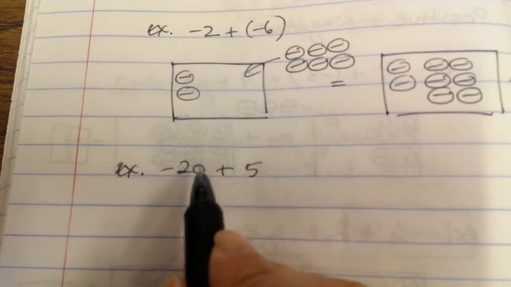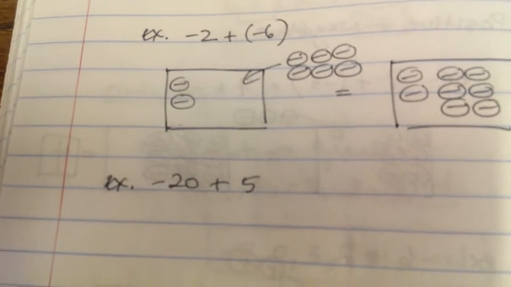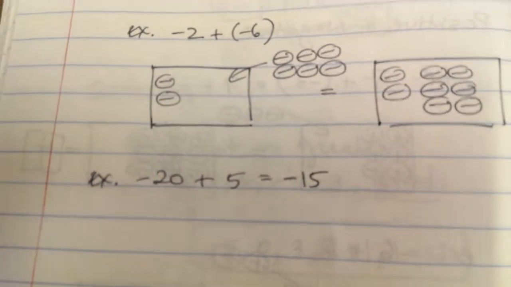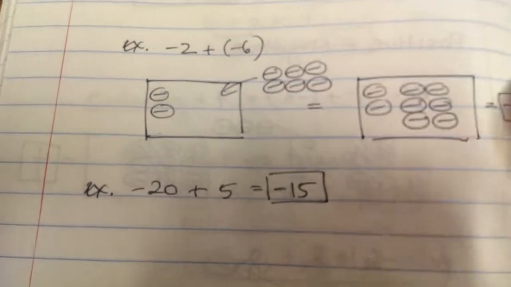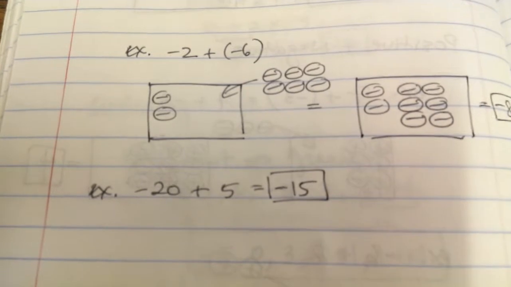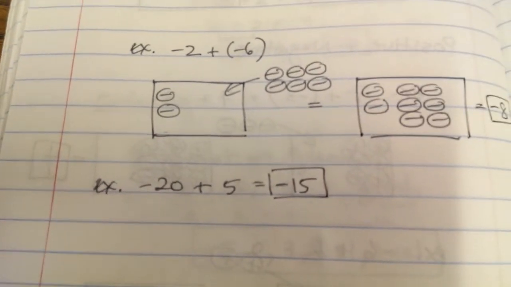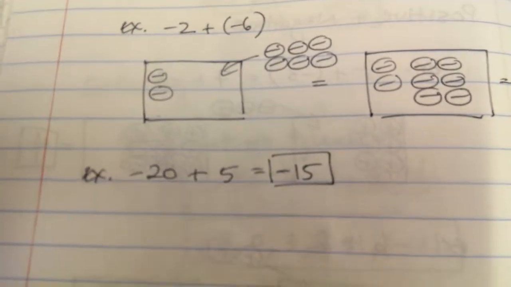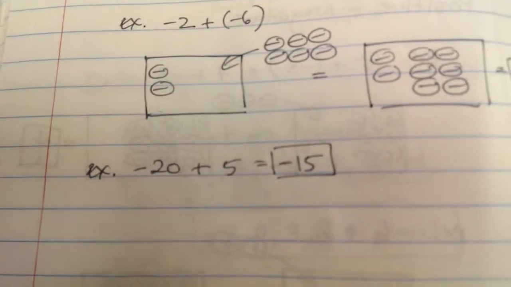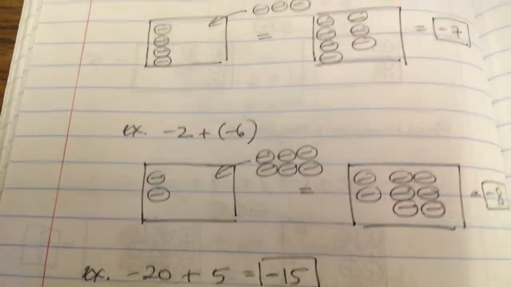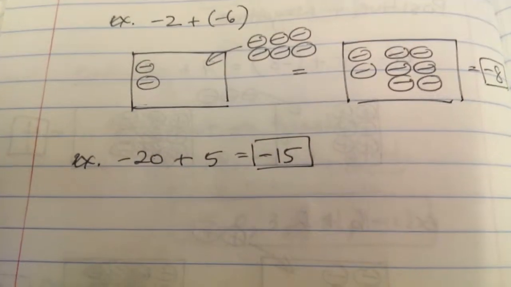These 5 positives cancel out 5 negatives, but I still am going to have what? 15 negatives left over. So this is when you start moving away from the picture and just picturing it in your head, because you don't want to draw all this out. Now, if you're still having a hard time picturing it, then yes, draw it out to help you, okay? But once the numbers start getting a little bigger, you're not going to want to model every single question.